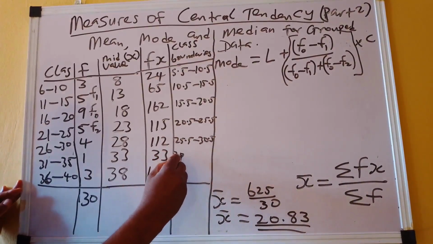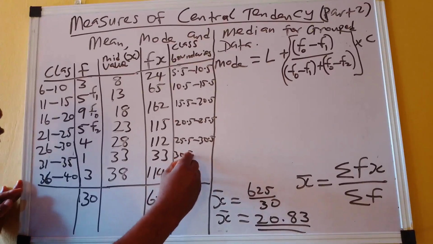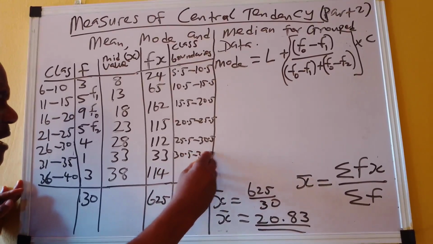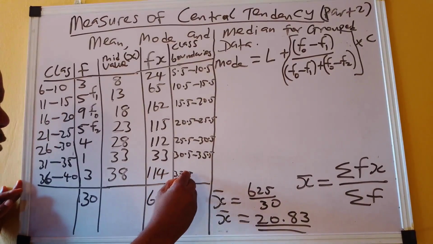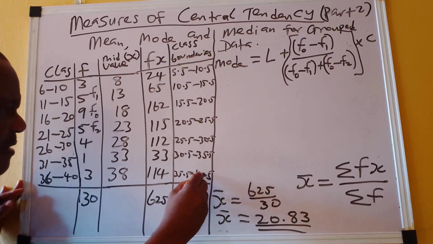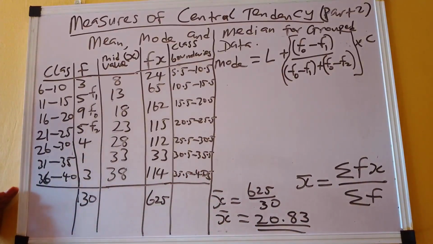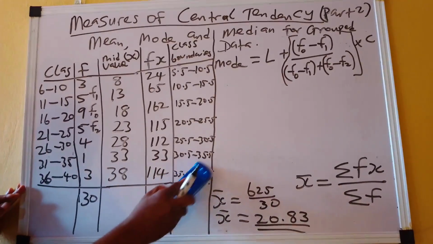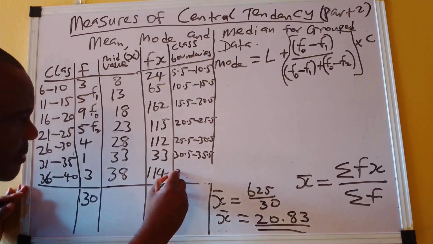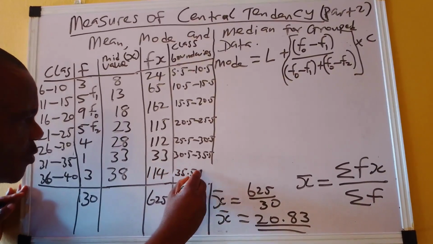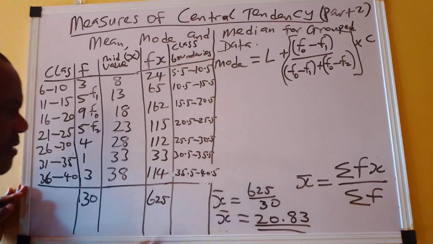This will be 30.5 to 35.5. And this will be 35.5 to 40.5. That's what you have there.